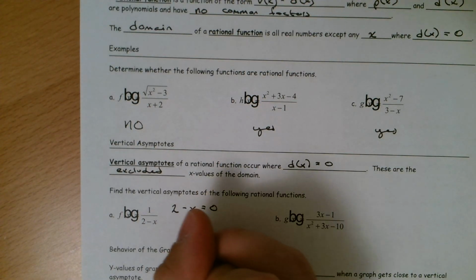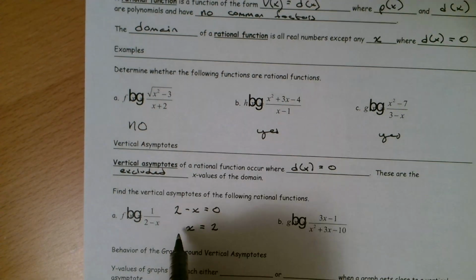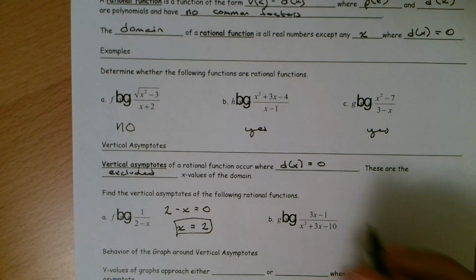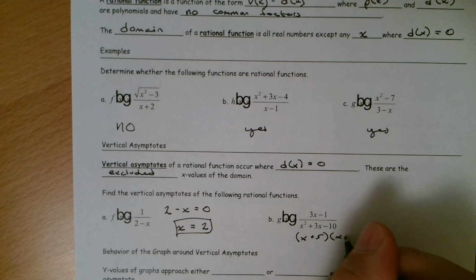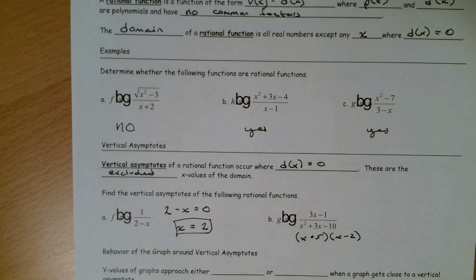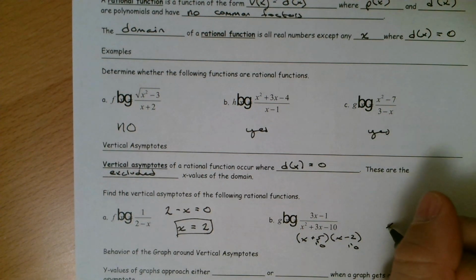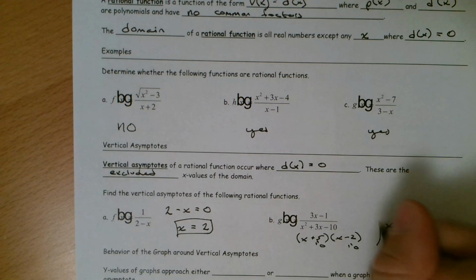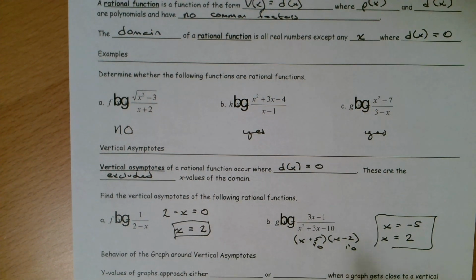If I move my x over to the right, I get x equals 2. That vertical line right there is my vertical asymptote. If I go over here and factor my denominator to x plus 5, x minus 2, now I use the zero product property. I get x equals negative 5 and x equals 2. This rational function has two vertical asymptotes.